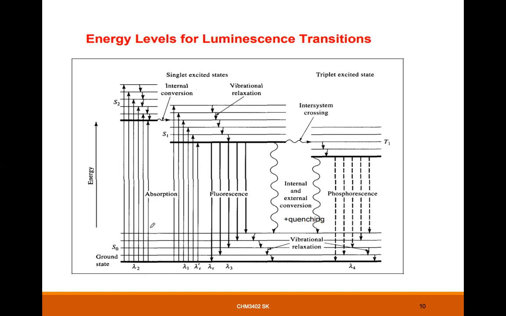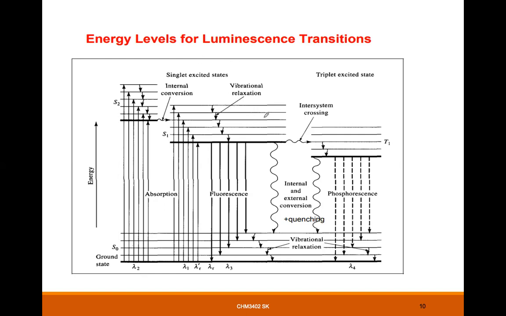And what is phosphorescence? So the electron from the vibrational levels here can also decide to move into a third system. This is the singlet excited states.